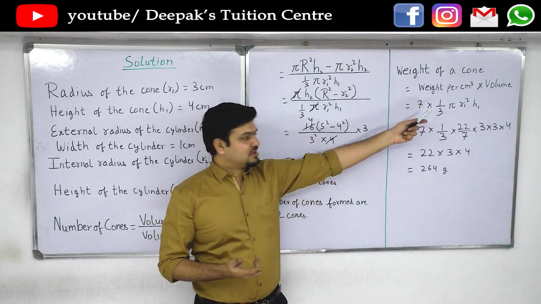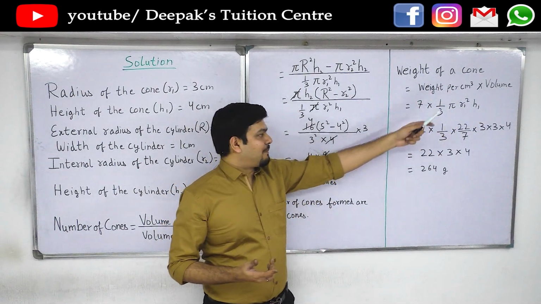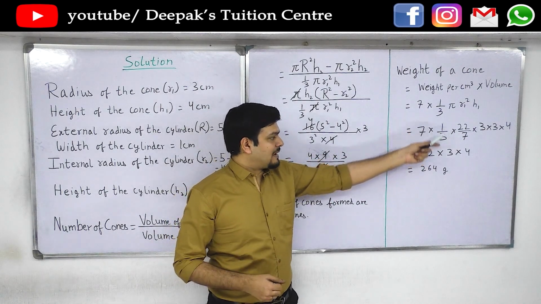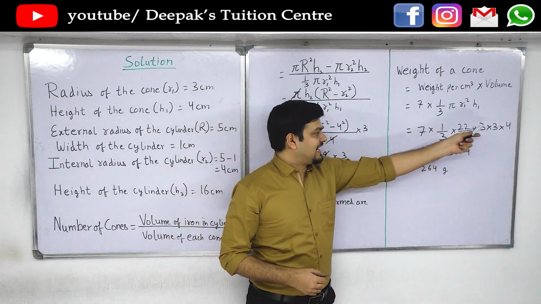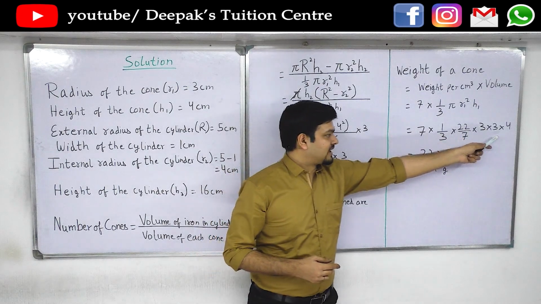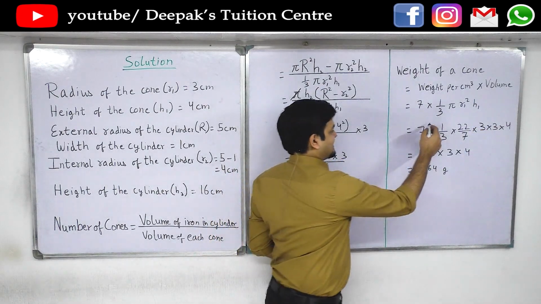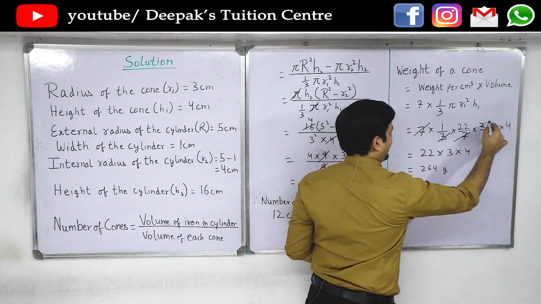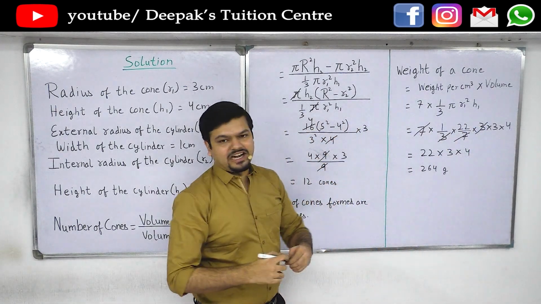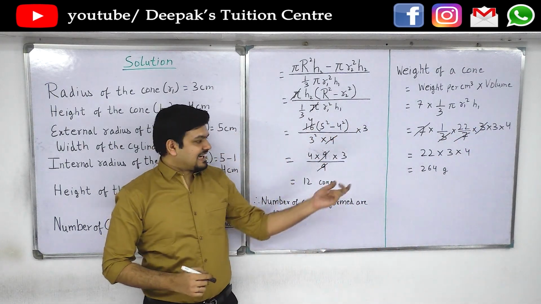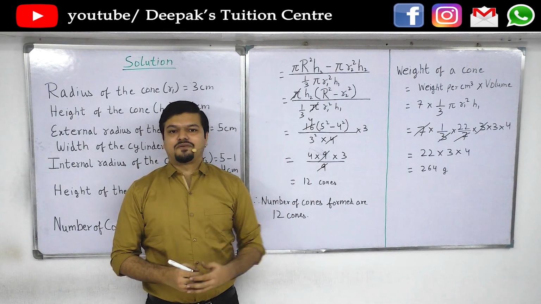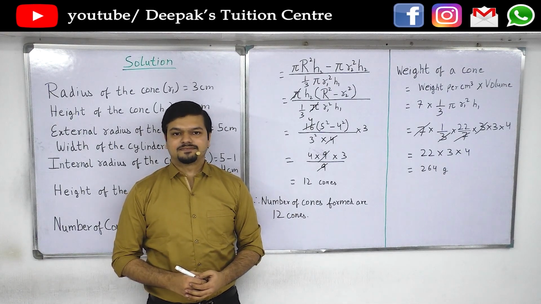I substitute the values of R, H and pi. We get 7 into 1 by 3 into 22 by 7 into 3 square, that is 3 into 3, into 4. So 7 and 7 get cancelled off, 3 and 3 get cancelled off. So we get 22 into 3 into 4, that is 264 grams. So weight of one cone is 264 grams.